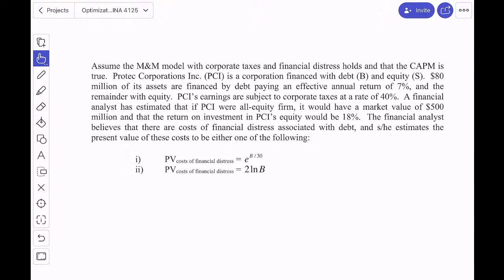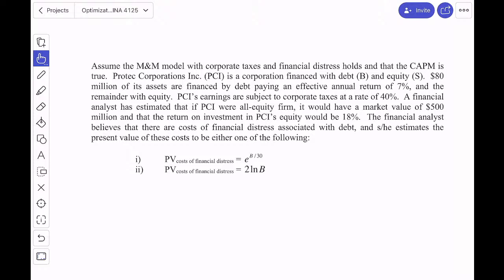PCI's earnings are subject to corporate taxes at a rate of 40%. A financial analyst has estimated that if PCI were all equity, it would have a market value of $500 million, and that the return on investment in PCI's equity would be 18%. So we have a lot of work done for us already.